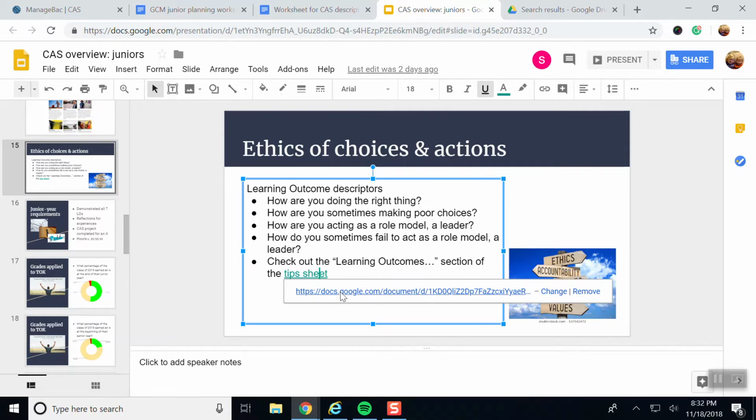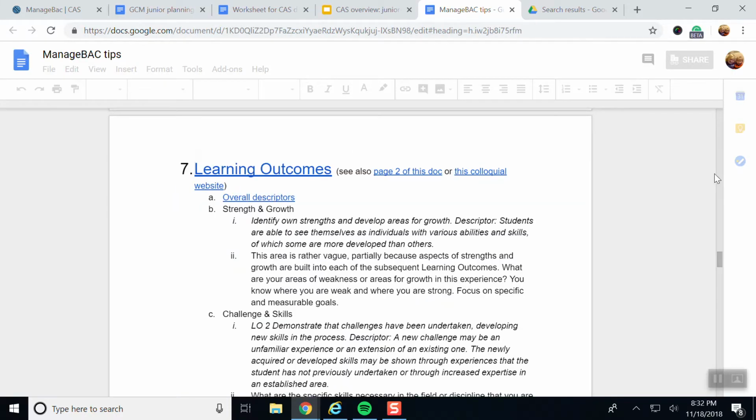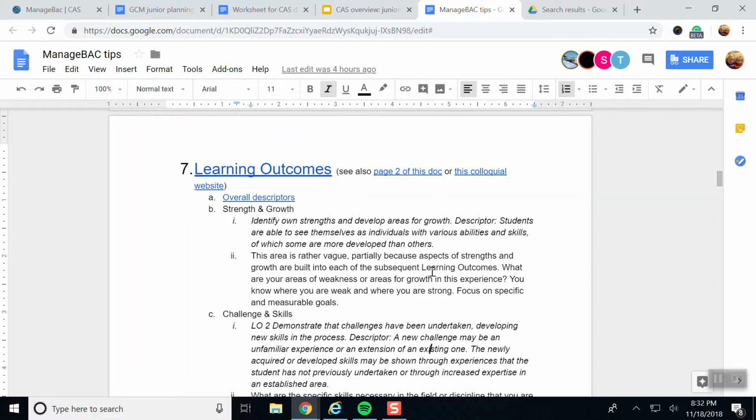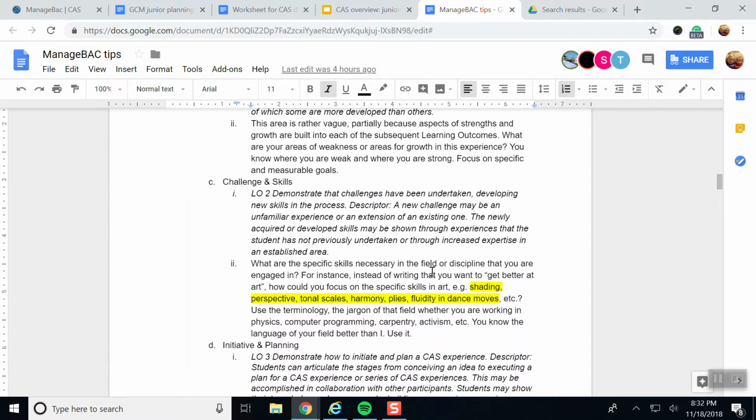And a link here, I've offered you these links in Manage Back, will take you to learning outcomes. And so as I was talking before, what I've tried to do is list specific challenges and goals and skills in your goals. So here, for somebody who's working with art, they may be talking about shading or perspective or tonal scales.